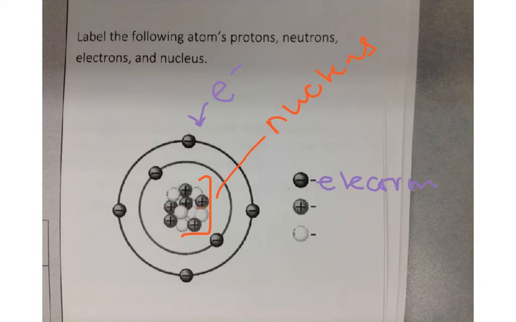Those are the protons because they are both positive and found in the nucleus. And then the other ones right here are the neutrons. Neutrons have a neutral charge, and they are too found in the nucleus, just like your proton.